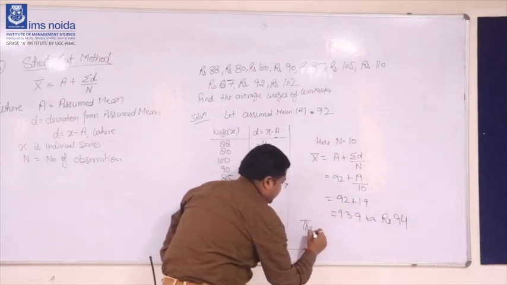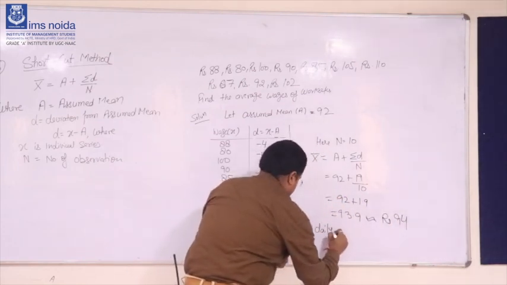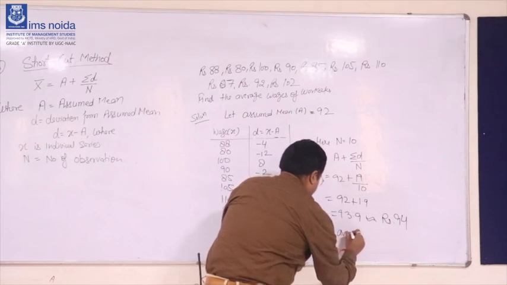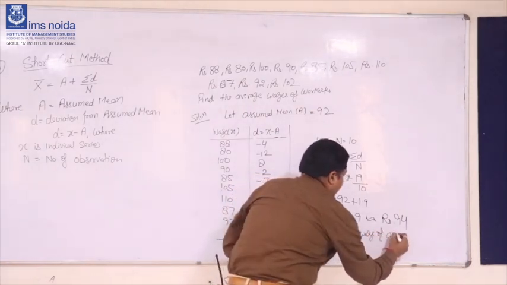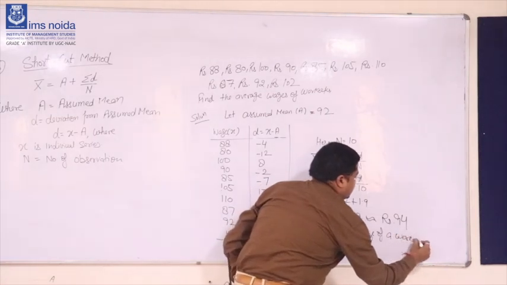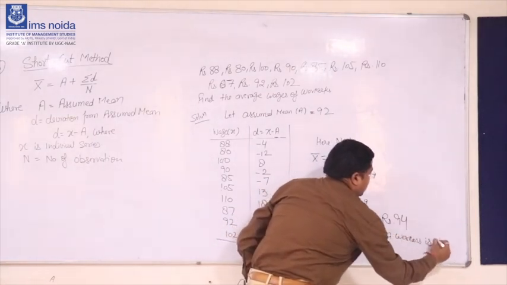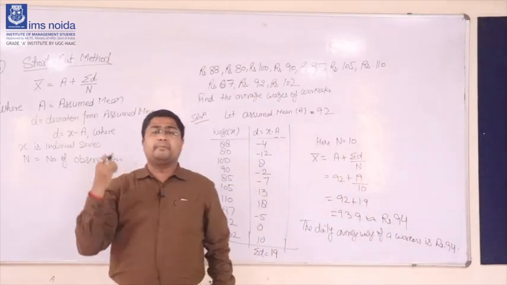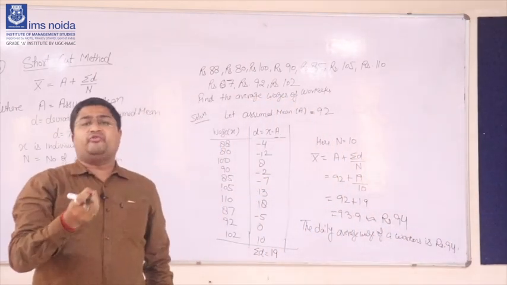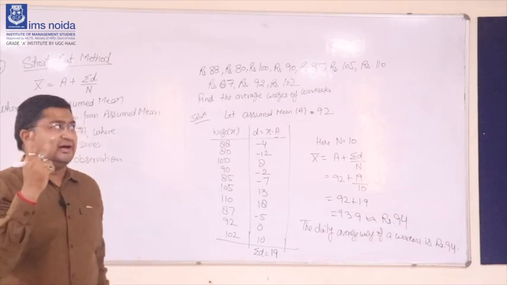The daily average wage of the workers is rupees 94. This is the complete individual series for two methods.